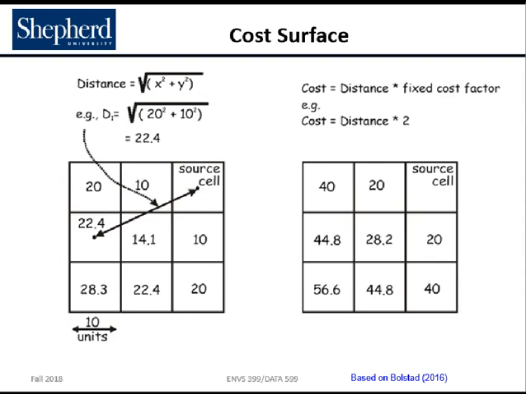The units can be money, time, or things of that nature. The distance measure is combined with a fixed cost per unit distance to calculate a travel cost. If multiple source cells, then the lowest cost is typically placed in the output cell.